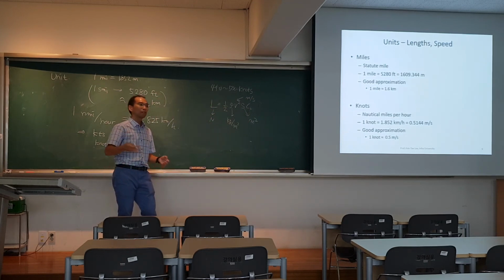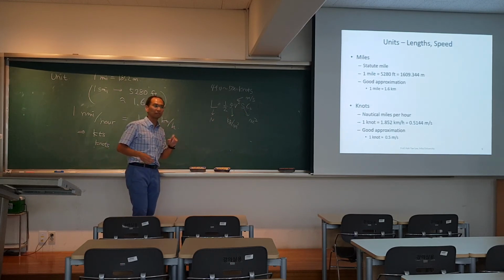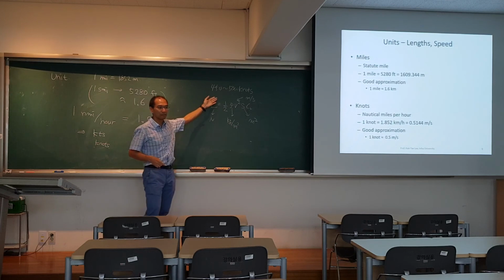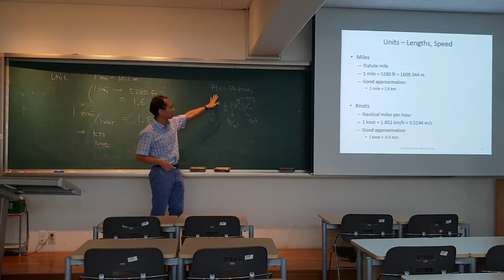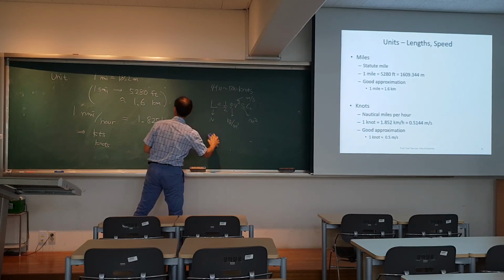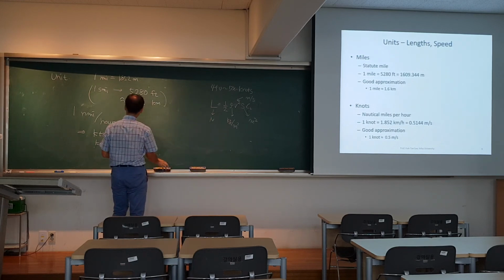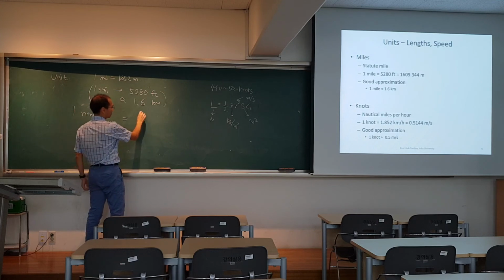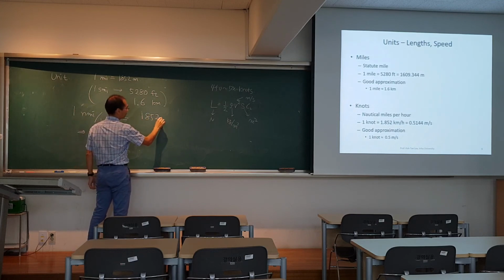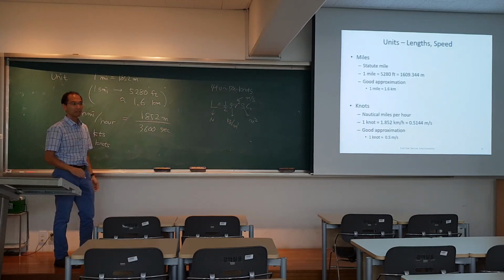So if I give you a problem to calculate the CL of a Boeing 777 flying at 450 knots, you'll have to convert knots to meters per second. And that's actually not that bad, because 1 knot is 1852 meters per 3600 seconds.